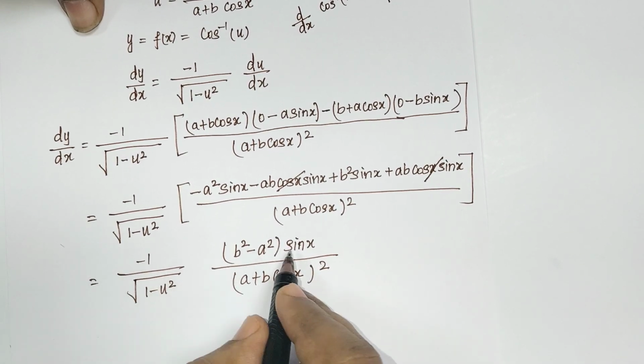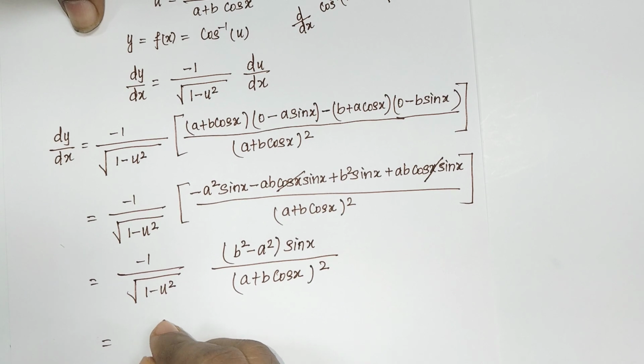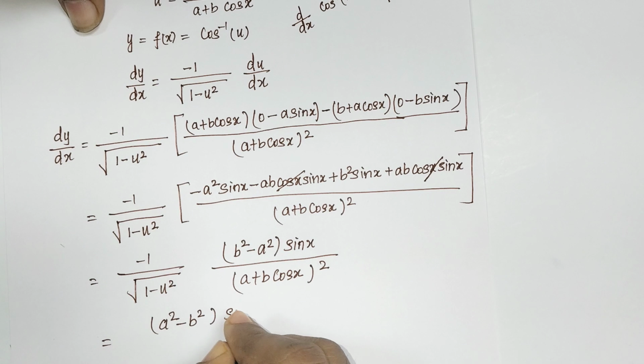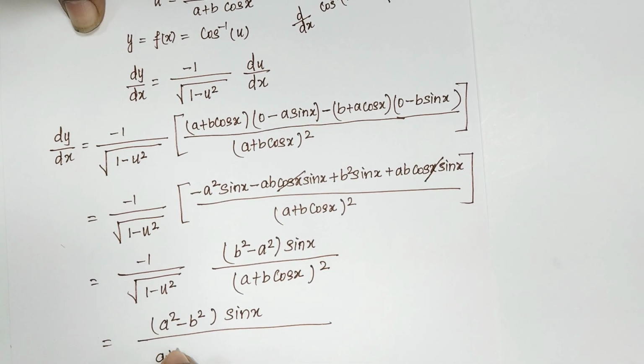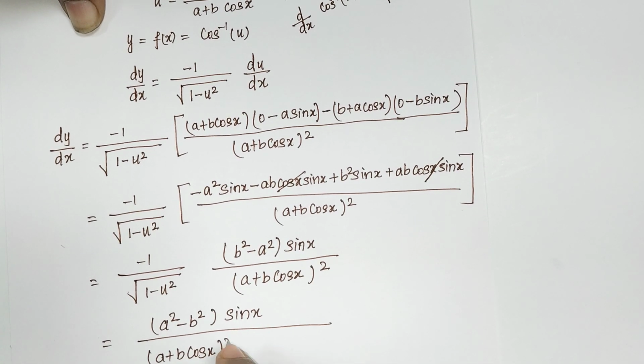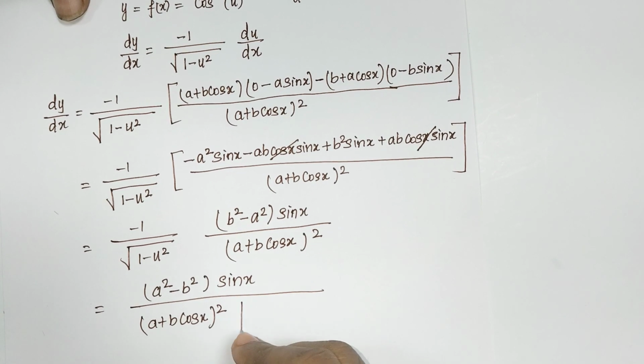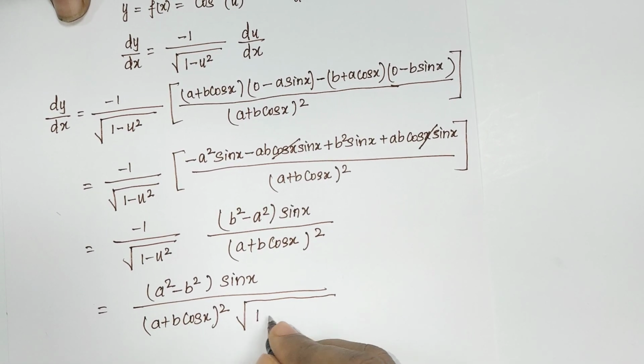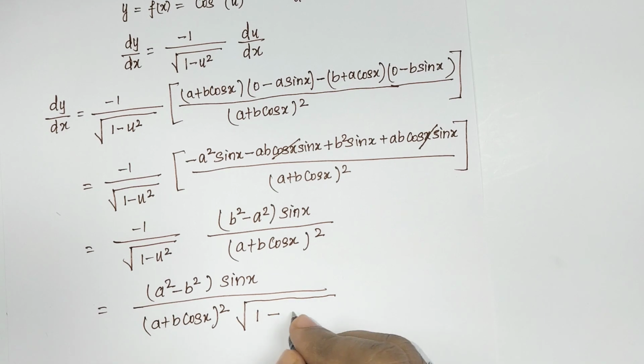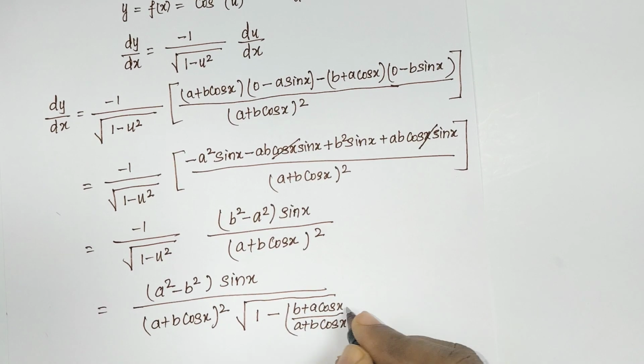Then multiplying with the minus, I will get (a square minus b square) into sin x divided by (a plus b cos x) whole square, and square root of 1 minus u square. What is that u? Here I will substitute (b plus a cos x) divided by (a plus b cos x), whole square.